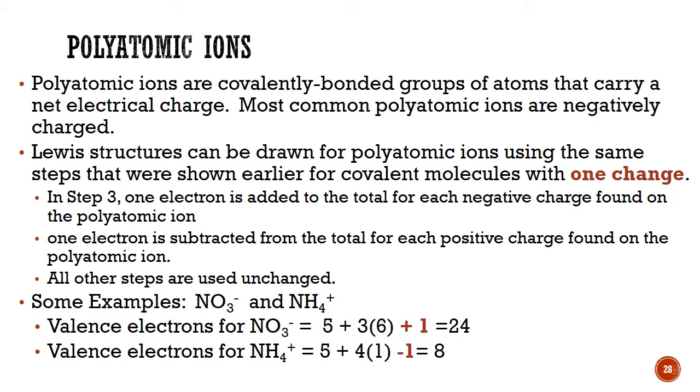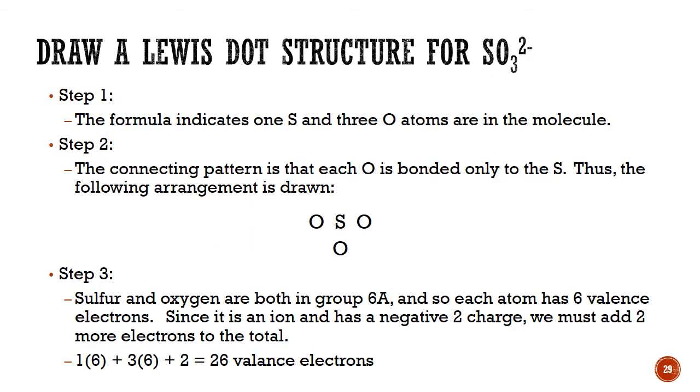Now, NH4 positive, the N is 5 again. Each hydrogen is 1, so that would give us a total of 9 electrons. If one electron is removed, we take away one. That means we have 8 valence electrons. So polyatomics are basically just the same, except we have to adjust the number of electrons.